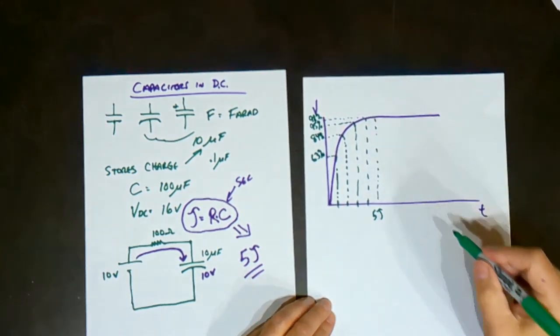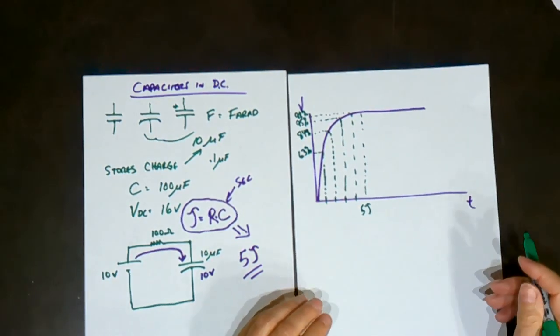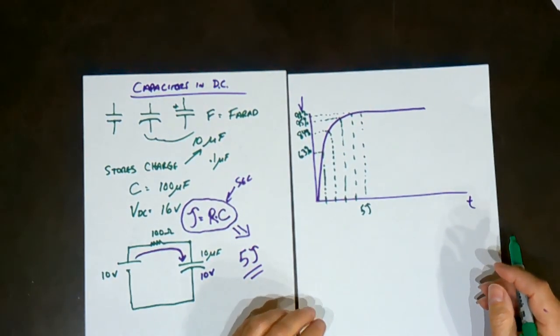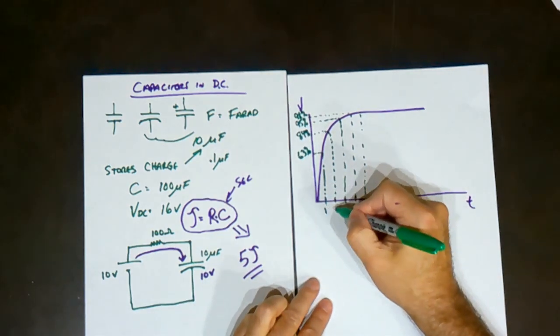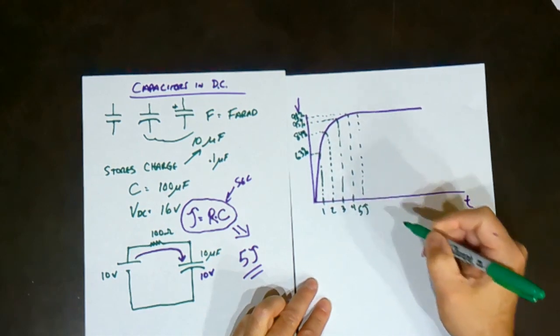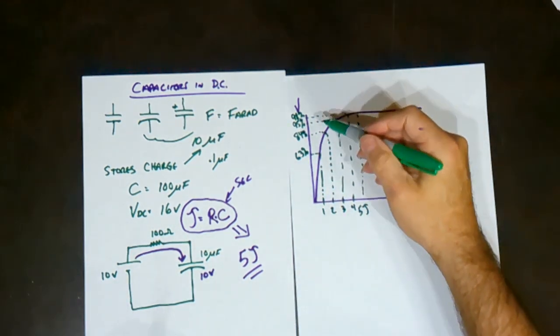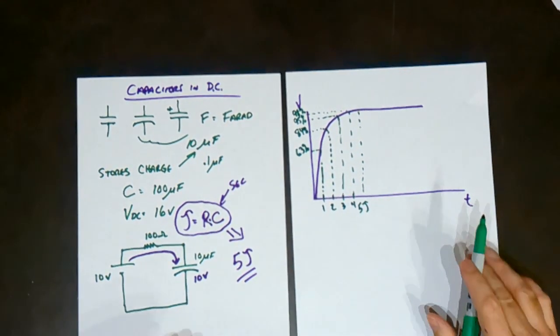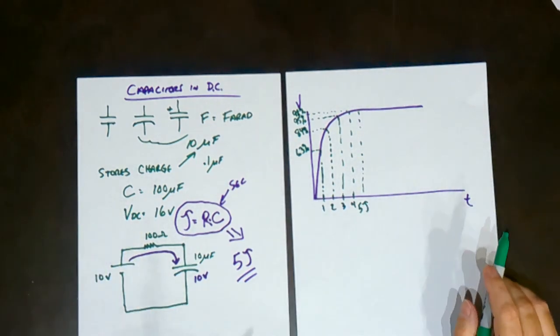And 5 tau, you're at full charge, which is 99% or above. So after 1 tau, 2 tau, 3 tau, 4 tau, we can figure out how much percentage is actually left, or how much has been charged in that capacitor.